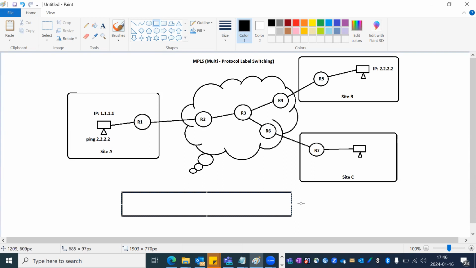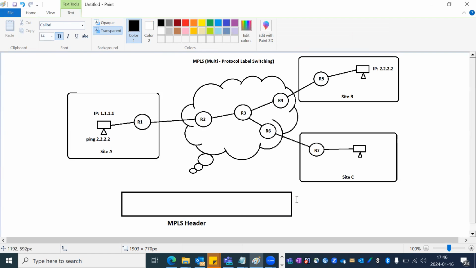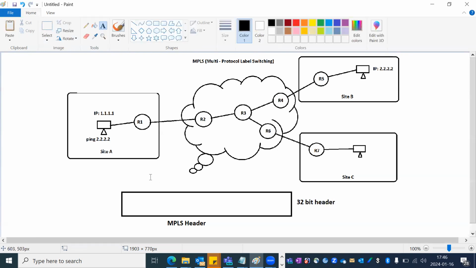So the MPLS header is a 32-bit header. This is the MPLS header. This is a 32-bit header.